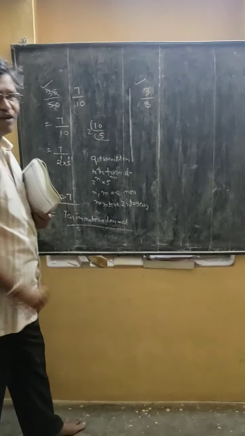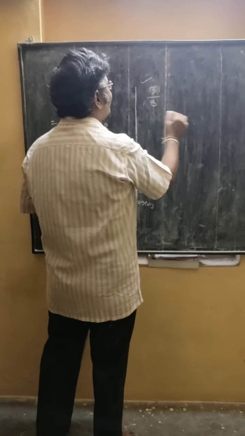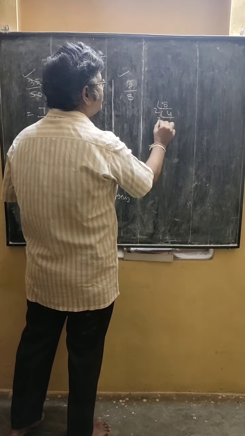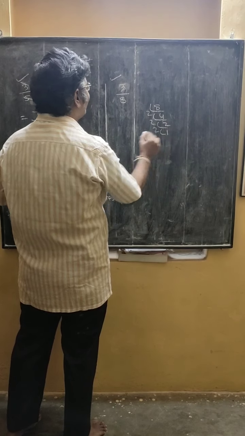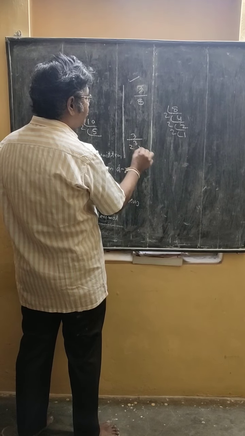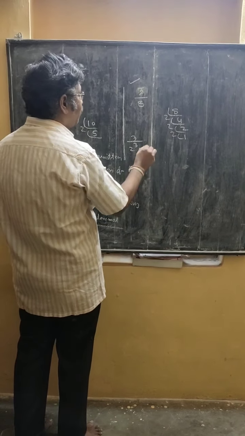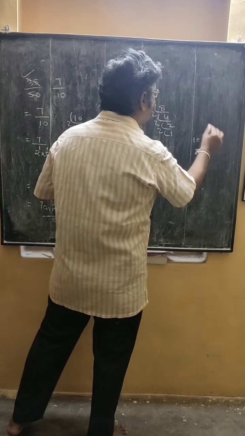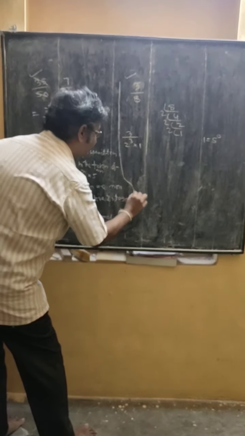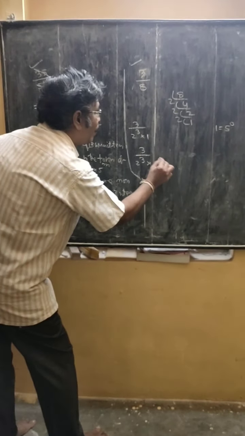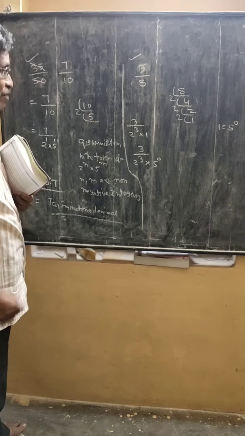And we take 3 by 8, which is also in the form of p by q. If we factorize 8, it is 4 into 2, 2 into 2 into 2, so 3 by 2 cube. And 1 can be written as 5 power 0. So 3 by 2 cube into 5 power 0.